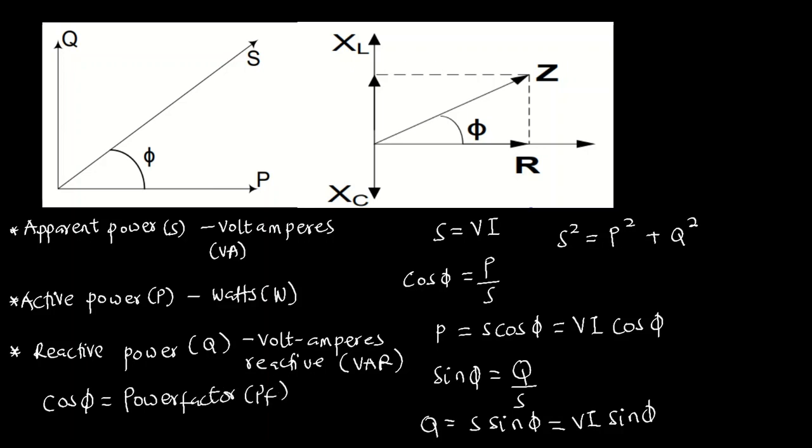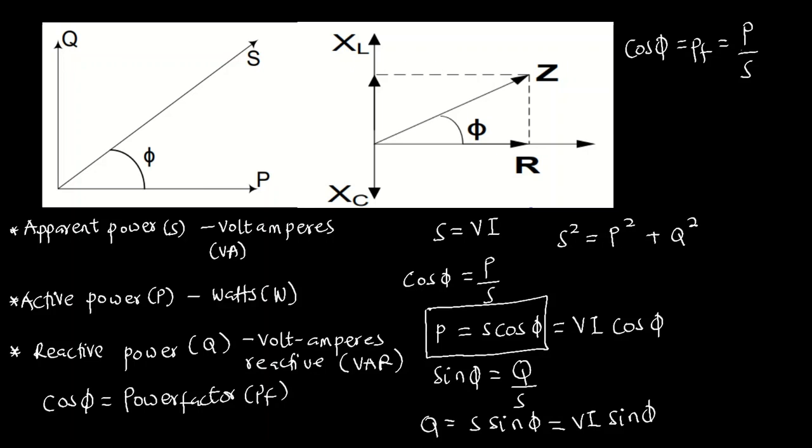From this expression, you can see that the power factor, cosine of phi or PF, will be equal to the active power over the apparent power. So anytime you're asked to find the power factor, that will be the active power over the apparent power.